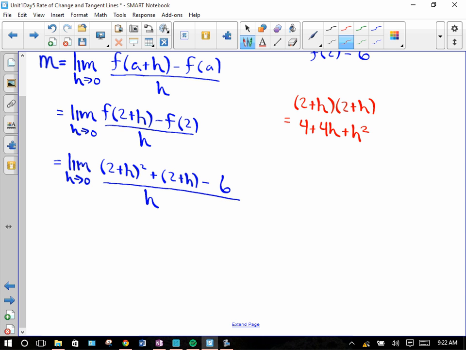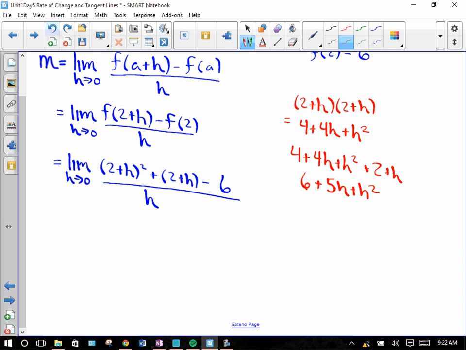Now I'm going to have to add to that 2 plus h. I have 4 plus 4h plus h squared plus 2 plus h. That's going to be 6 plus 6h, no, 5h. 6 plus 5h plus h squared.